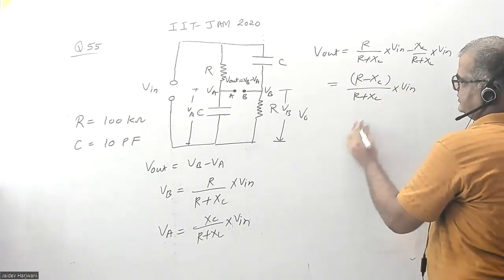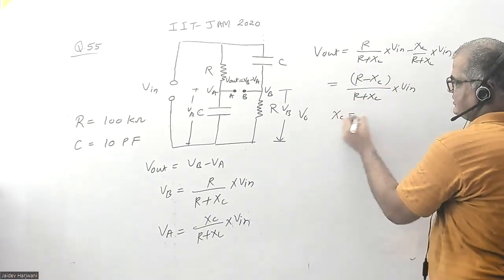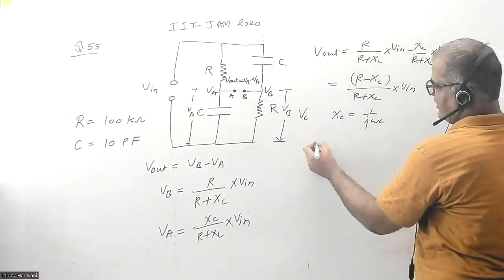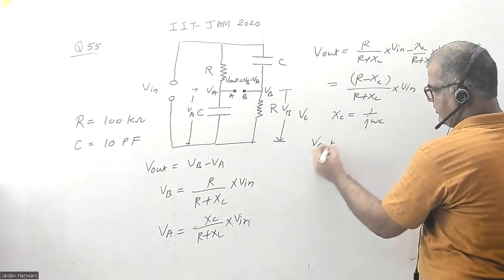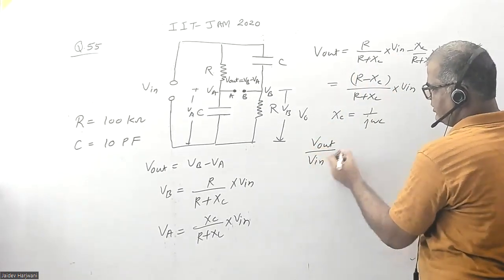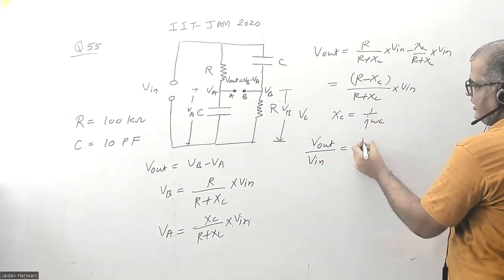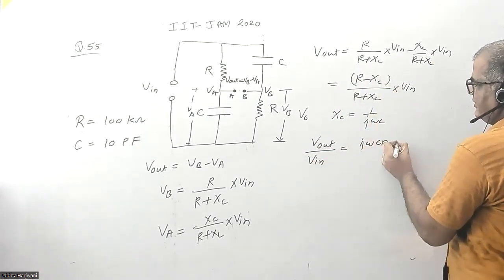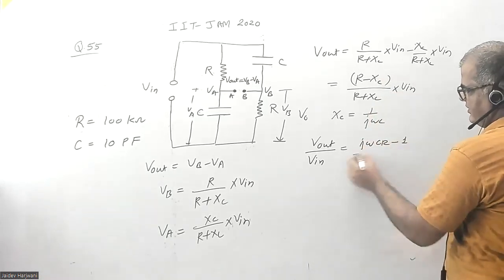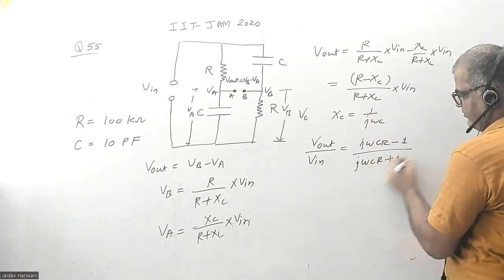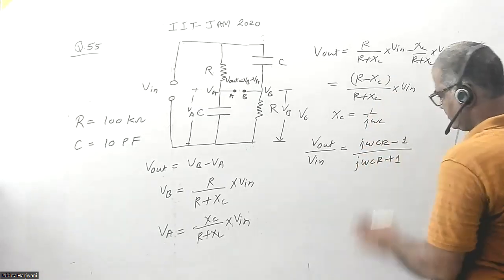Now I know that XC is 1 by j omega C, and I can write V output upon V input, putting in the value of this one. This gives me (j omega CR minus 1) upon (j omega CR plus 1). Now this is a complex number.